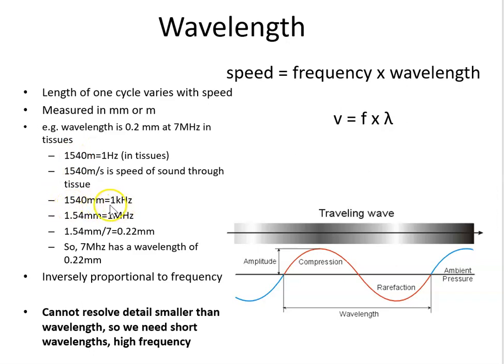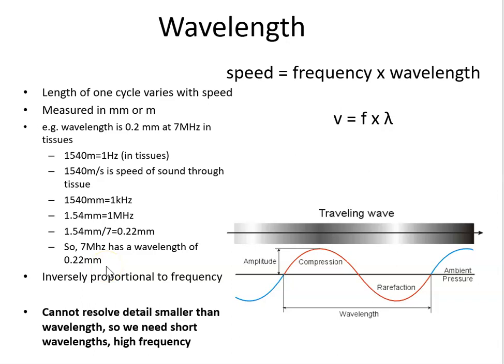That would be the wavelength of sound for 1 kilohertz, and we can reduce this by a factor of 1000 again. 1.54 millimeters will be the wavelength for 1 megahertz. And then we could take this number, 1.54 millimeters, divide it by 7 and get 0.22 millimeters, and that would allow us to calculate that a 7 megahertz ultrasound frequency will have a wavelength of 0.2 millimeters.